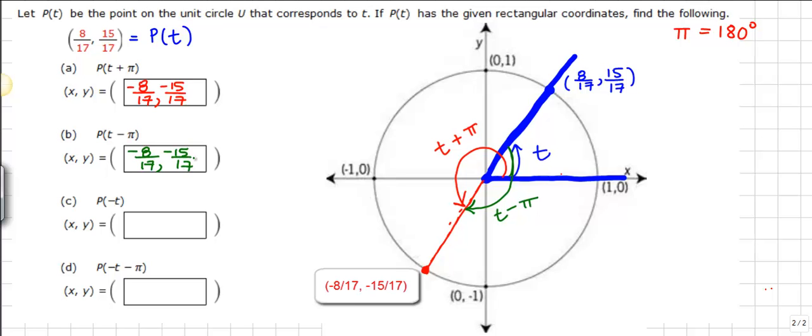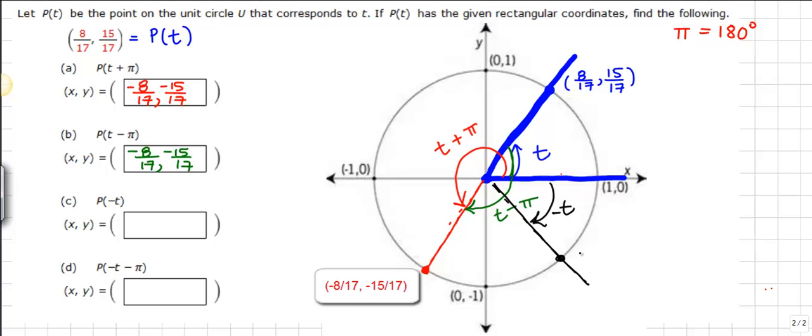Okay, and if we're going to measure the angle negative t, then I would measure t units in this direction, negative t being measured clockwise.